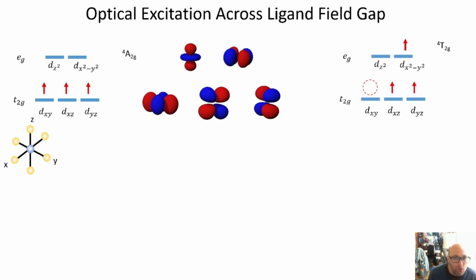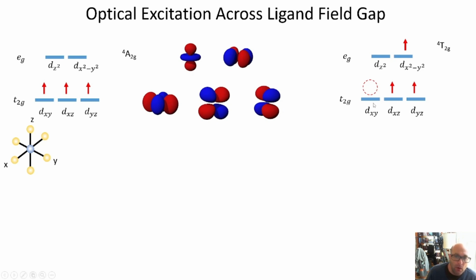As drawn, it looks like it would cost the same amount of energy to go into either one. But that's a bit of an oversimplification of drawing this ligand field splitting diagram. And in fact, it's not the same to go into either one.